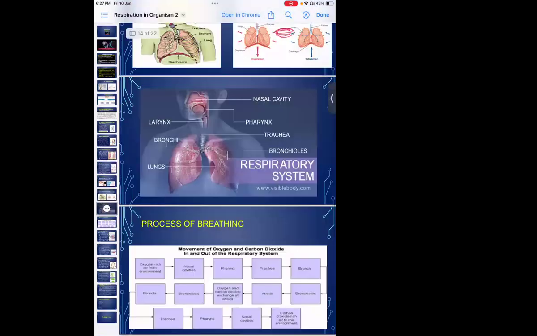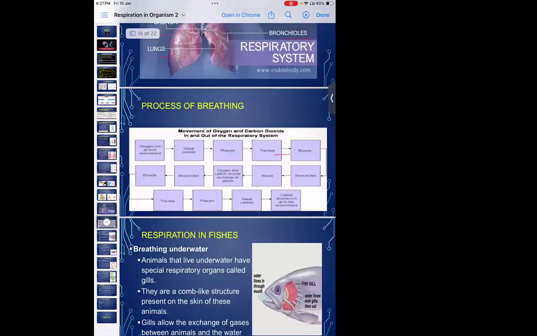So here you can see the picture. This is the nasal cavity, which includes the nostrils, your nasal hairs, and the nasal passage. Then pharynx, larynx, trachea, bronchi, bronchioles, and lungs. They have not shown the alveoli, but alveoli are the most important part for the exchange of gases. And this is how the movement happens.